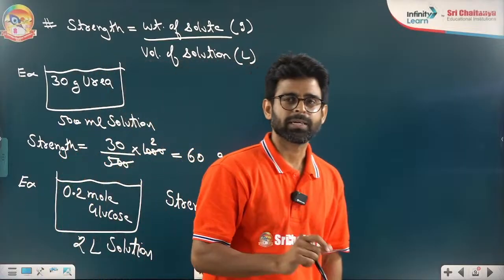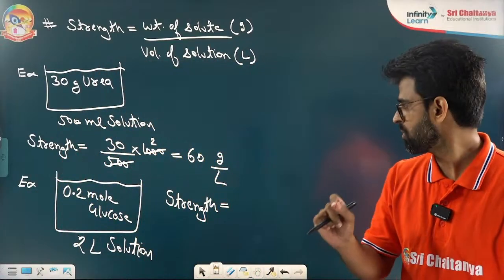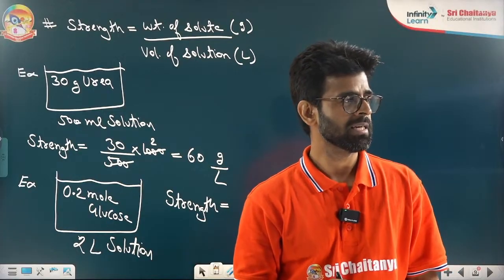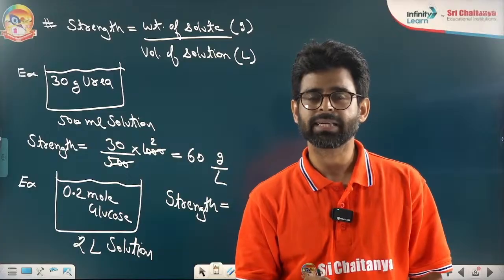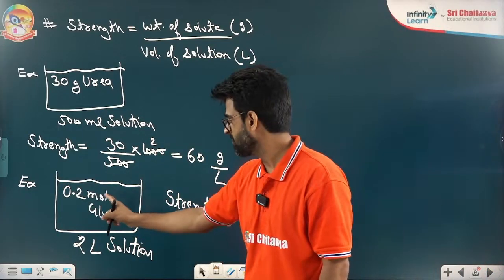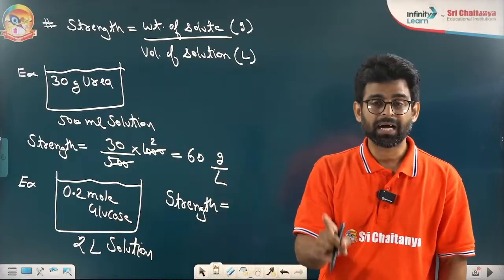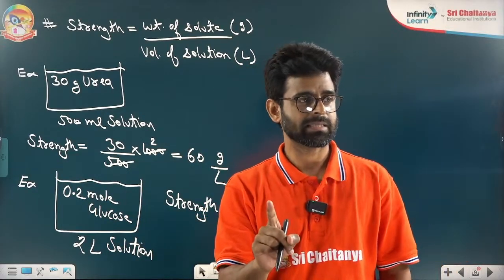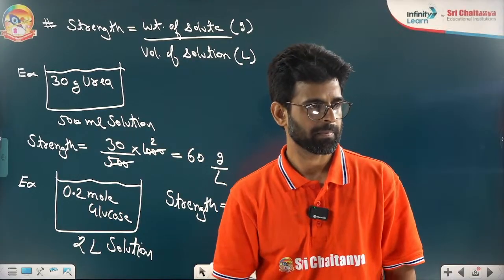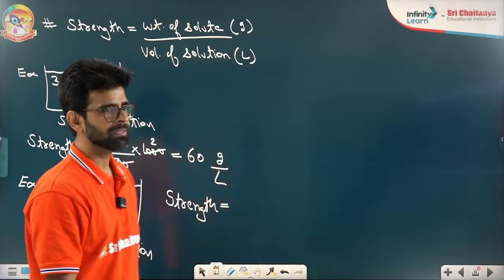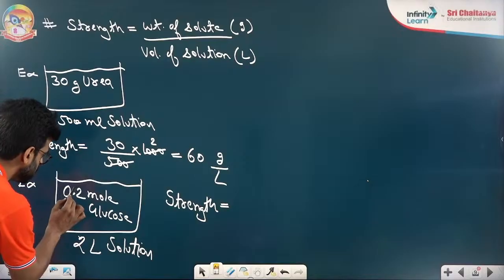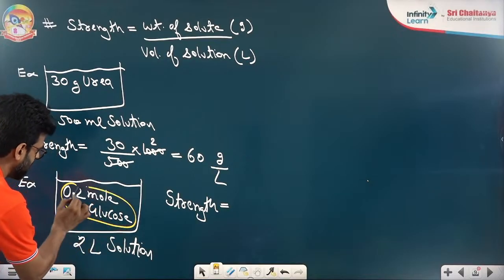Carefully look at the solution. The molar mass of glucose is 180 gram per mole, right? Here instead of mass they gave you moles. But I need molar mass to convert moles into weight. Right, very good. They are saying 0.2 mole of glucose, but I have to find the weight, beta.